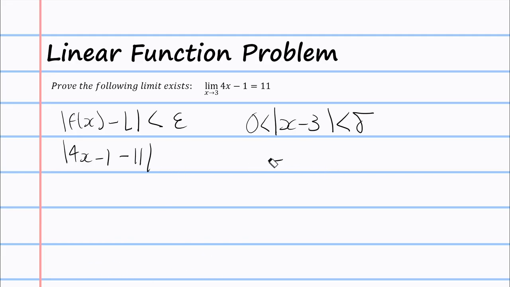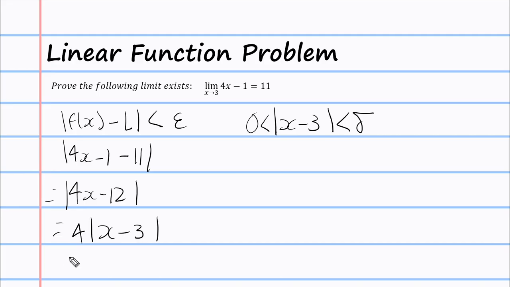We're going to start off again with the absolute value of f(x) minus L. Now, we're going to rewrite this as the absolute value of 4x minus 12, which equals 4 times the absolute value of x minus 3. And remember, we said the absolute value of x minus 3 is less than delta.